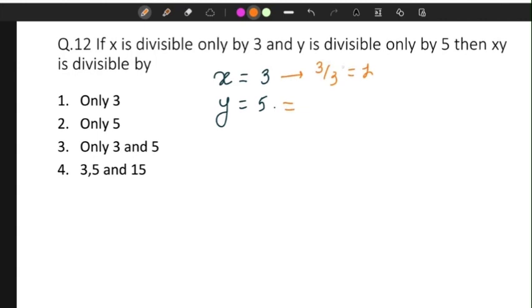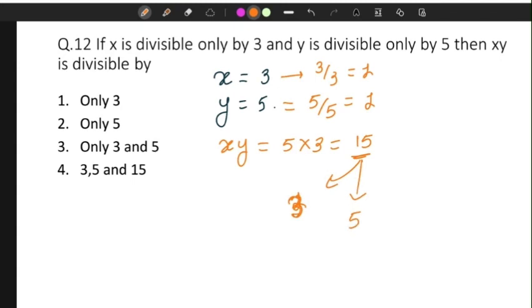And they are telling us that y is also divisible by 5, that is, 5 divided by 5 gives us 1. If we take the product of x and y, it means 5 into 3, which gives us 15. 3 fives are 15, so it is divisible by 5; 5 threes are 15, so it is divisible by 3, as well as by 15 also.